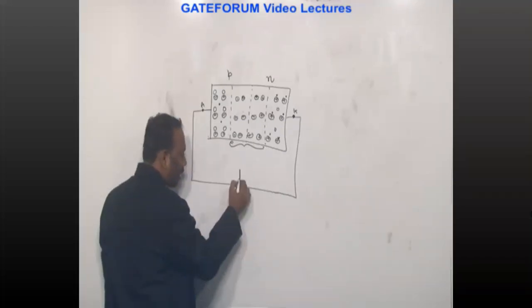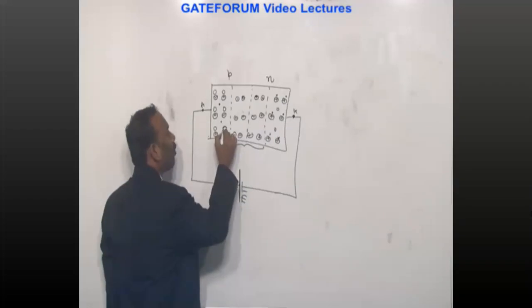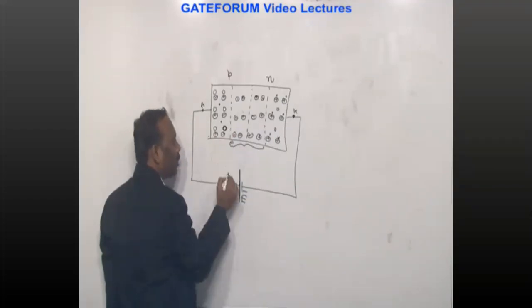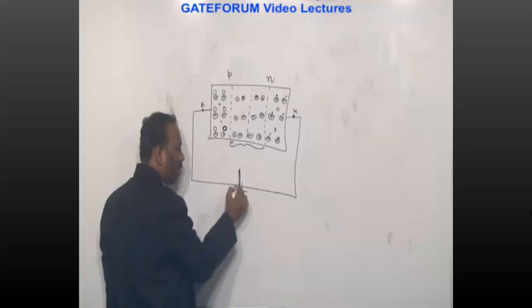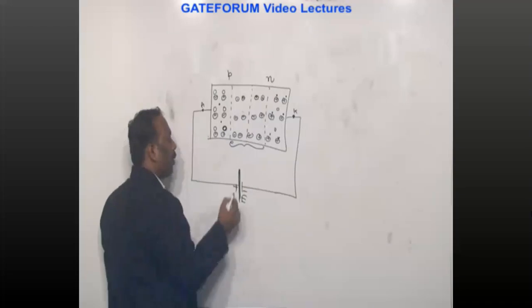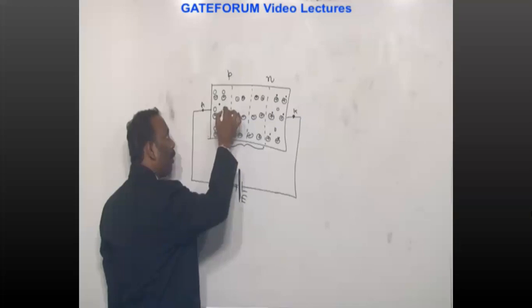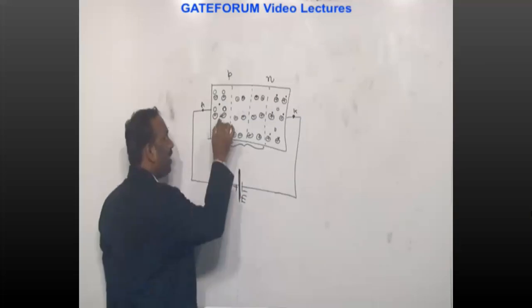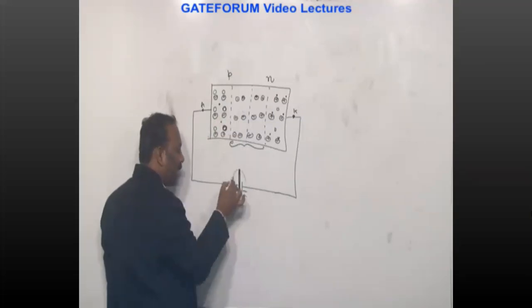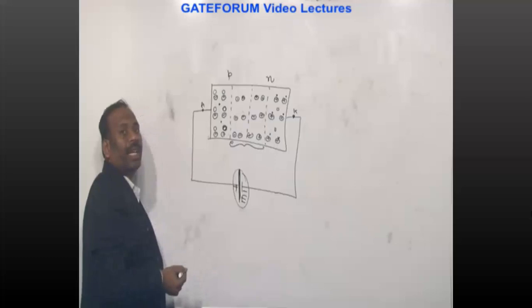Externally you are applying some force, and this is a positive potential, higher potential. So indirectly you are supplying energy to this hole. That means this hole will acquire energy from the external field.